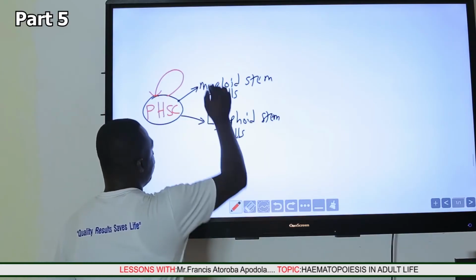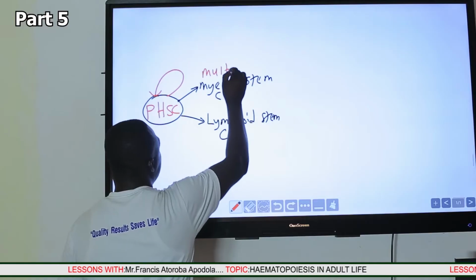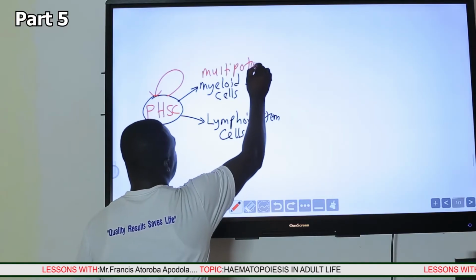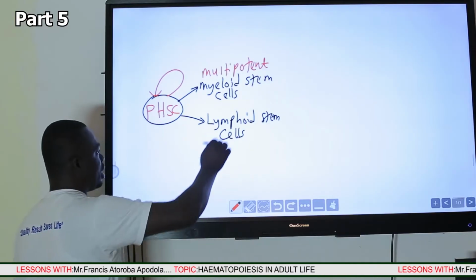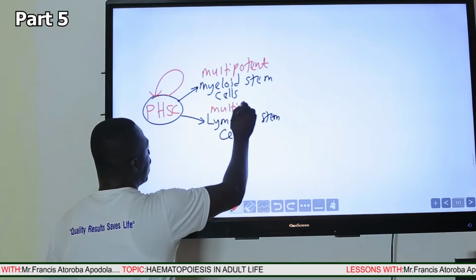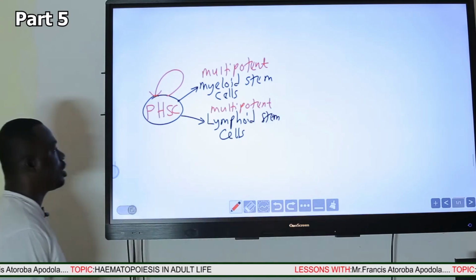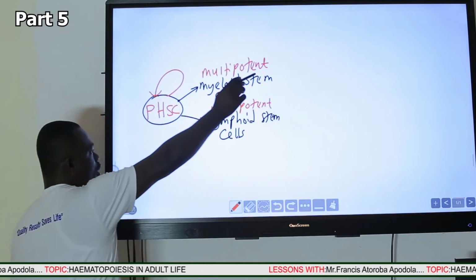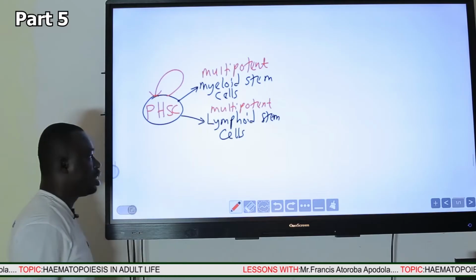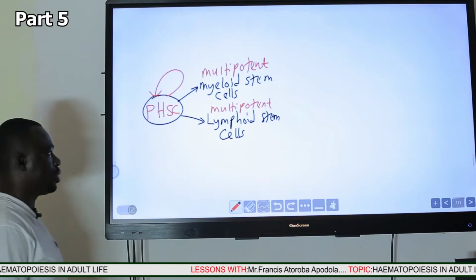So we have a multipotent myeloid stem cell and a multipotent lymphoid stem cell.